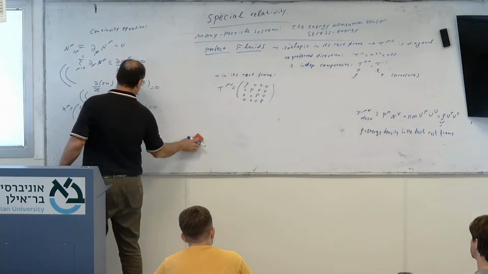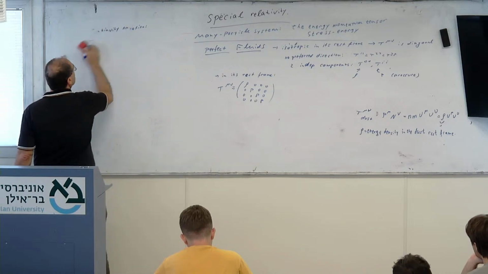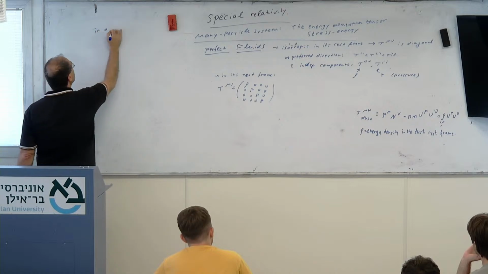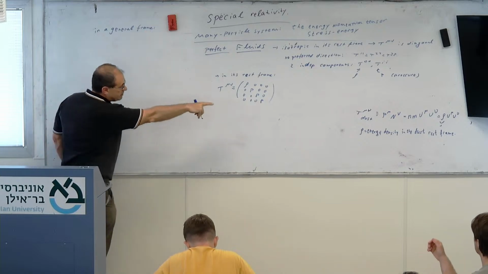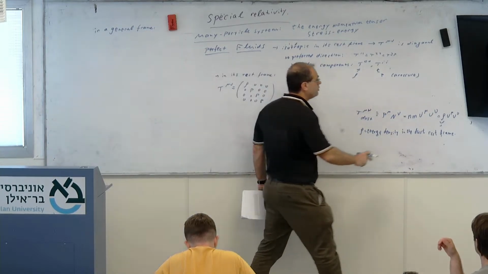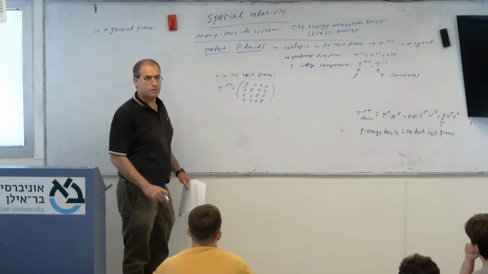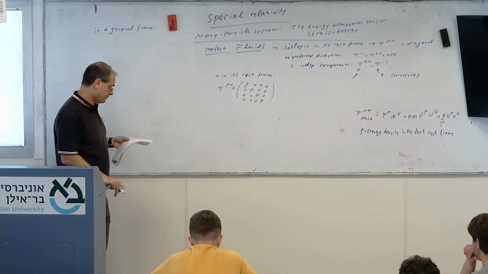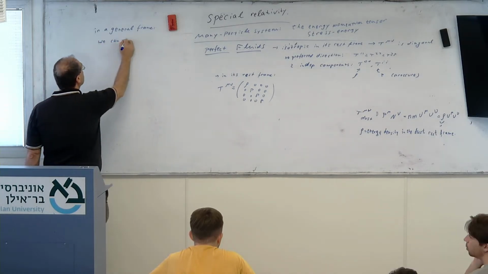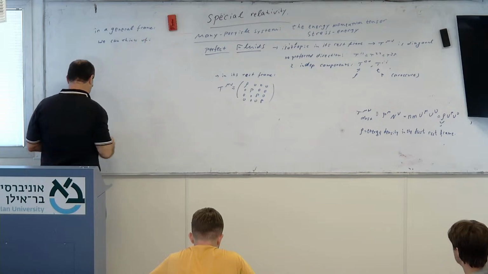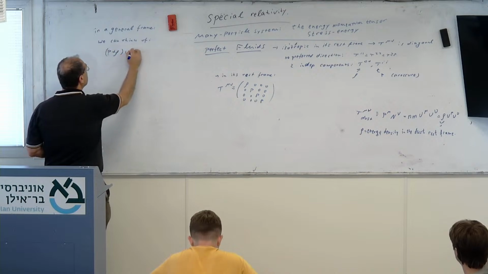So in a general frame, for the dust, we had T mu nu dust is rho u mu u nu. Right? Which is easily generalized from here, if P is equal to 0. So we can think of having rho plus P u mu u nu.